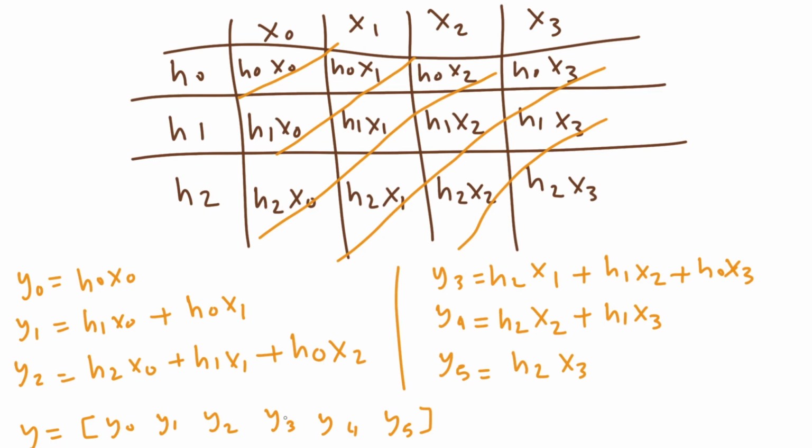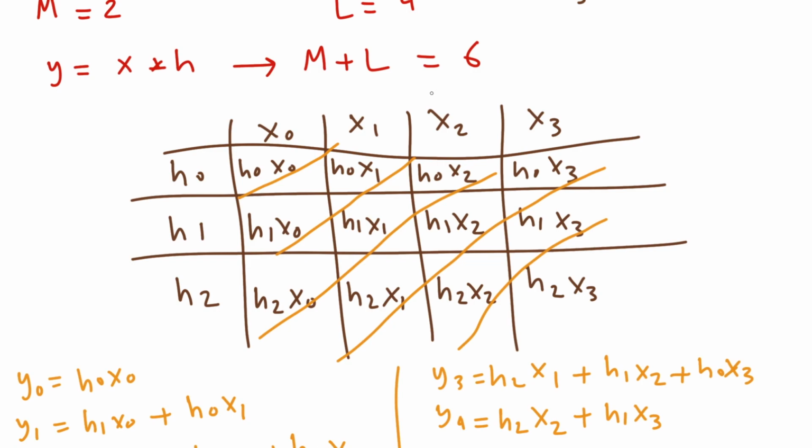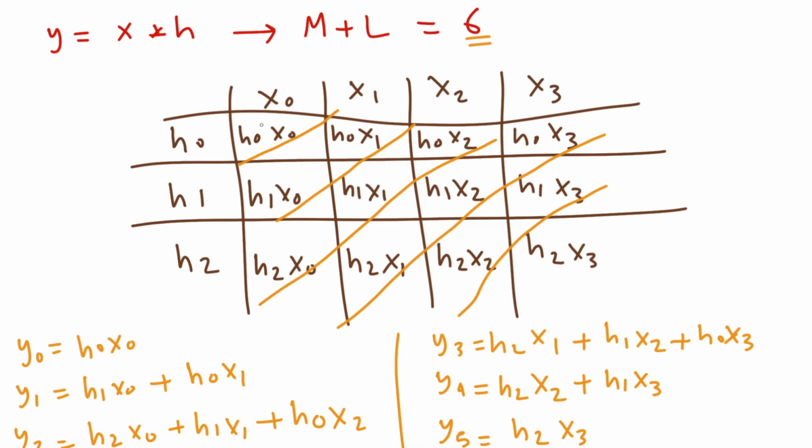1, 2, 3, 4, 5, 6. And what did we expect? 6 elements. Now substitute the actual values instead of the letters. So what is at x0?